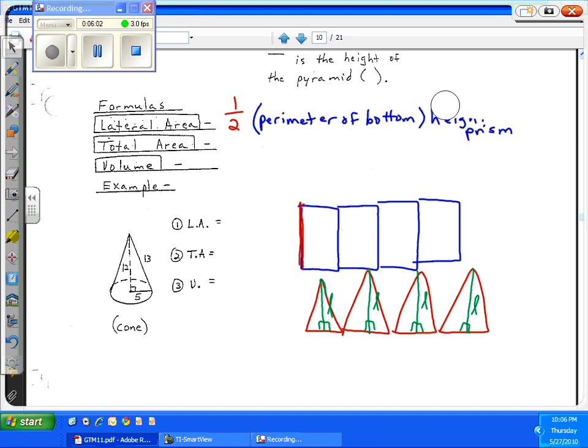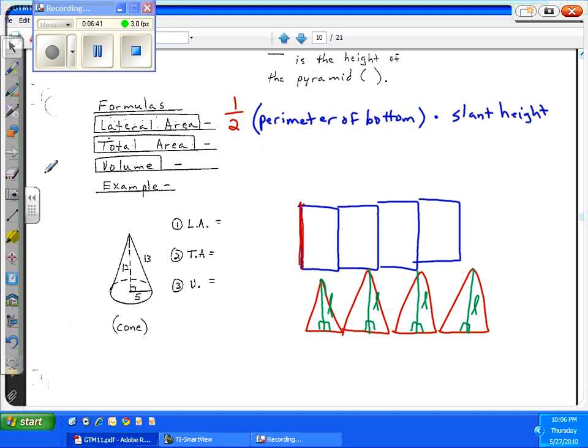And so instead of having height of prism out here like we did for a prism, we're going to have times slant height, or lateral height. I'm going to go ahead and call it slant height. You can see in the book it's called slant height. It may be also called the lateral height. So lateral height or slant height. Let's see how we got that.